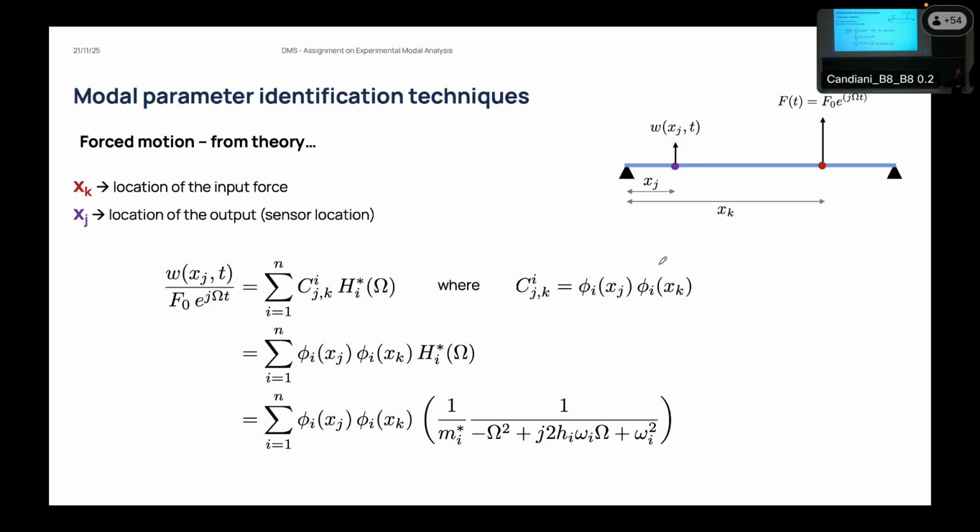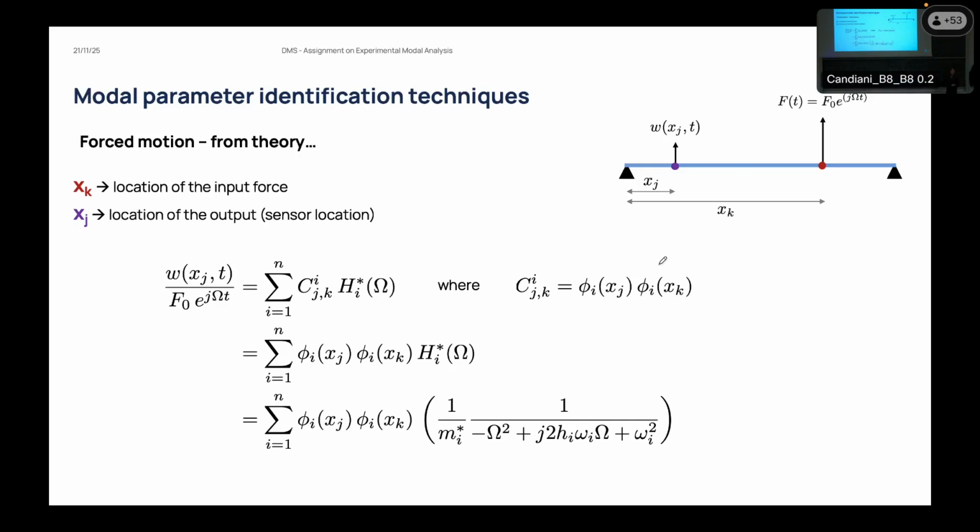This long formula is everything you need. Because if we are going to measure the output and the input, so we know the force we are applying, we know the response of the system, the ratio of those two quantities can be directly written as a function of the modal parameters.